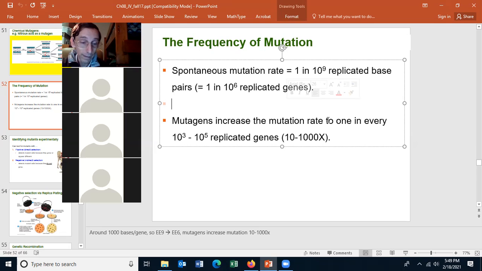And for some reason, in Northern Europe, that blue-eyed allele increased in frequency, so that now in Northern Europe, the blue-eyed allele is the dominant, meaning the predominant allele. It's found more often than the brown-eyed allele in Northern Europe.